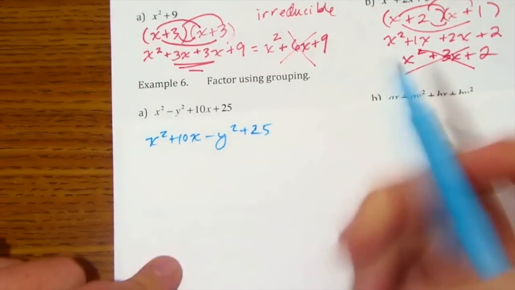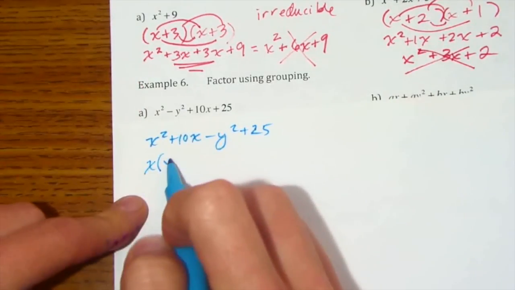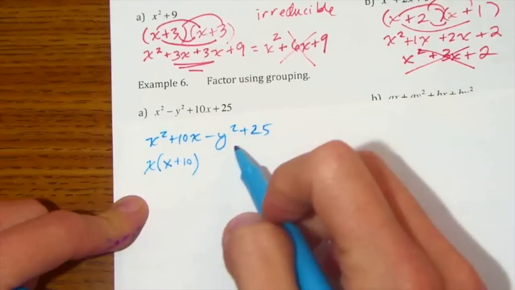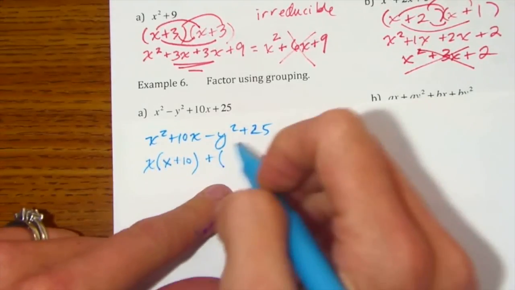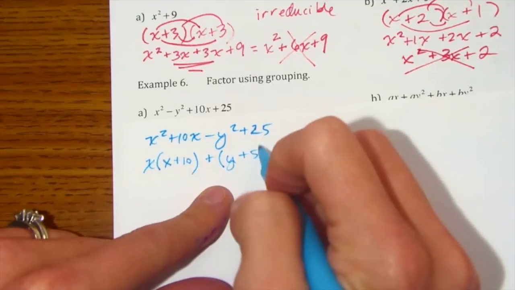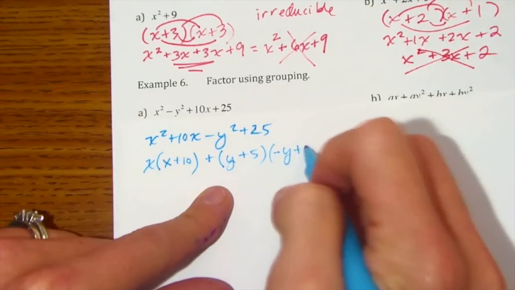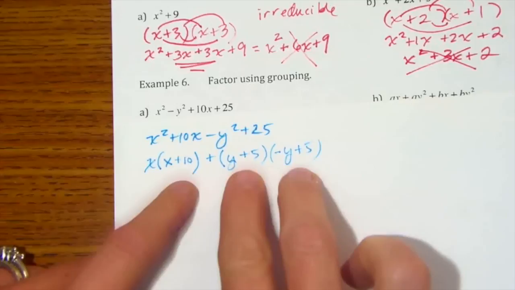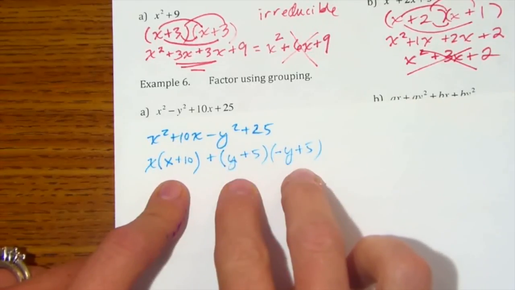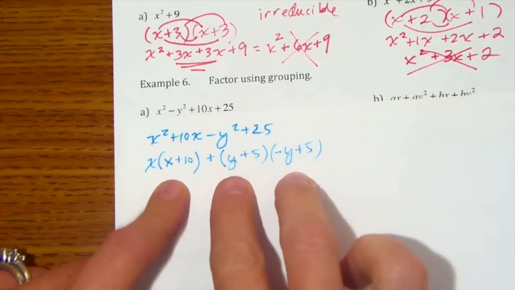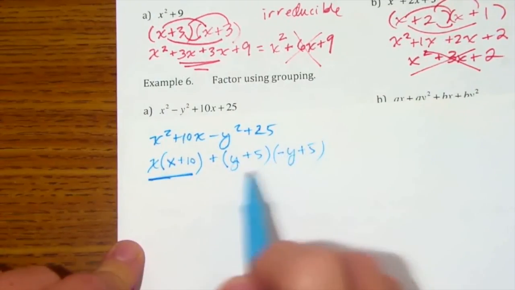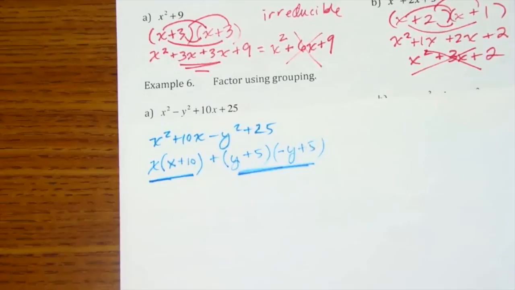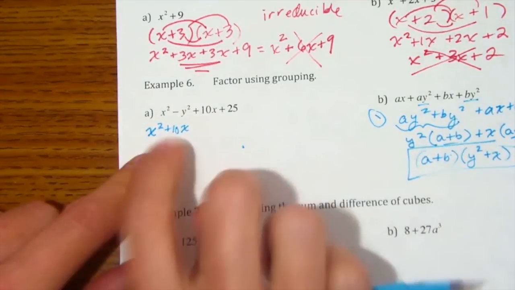So we could factor out the x's here, and here this would be like a difference of squares. It would be like y plus 5, negative y plus 5. But again, we're running into the same mistake, right? Does everybody see that? We don't have a common thing to factor out of both terms. So this is our first product plus our second product. We don't have anything in common. This is the right start.